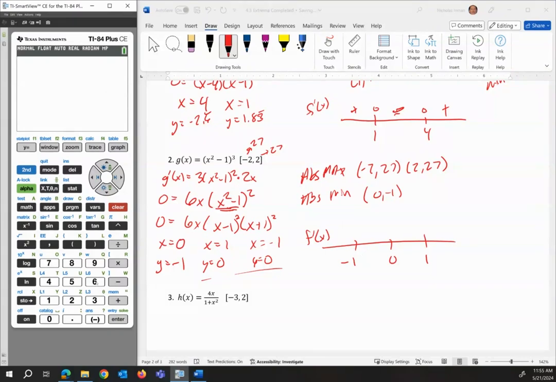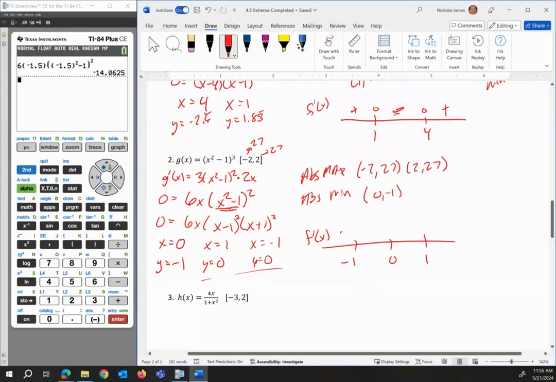So 6 times -1.5 maybe, and then -1.5 squared minus 1 squared. That derivative is a negative, so my function is decreasing.